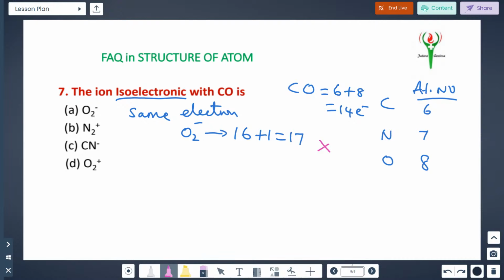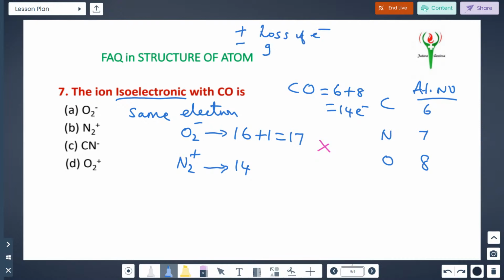Next one. Take N2 plus. Totally how much? 1 N is 7, 2 N is 14. Understood? Here 1 plus is there. 1 plus means loss of electron. Plus means loss of electron.